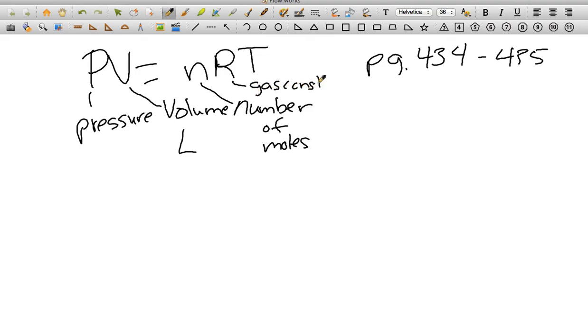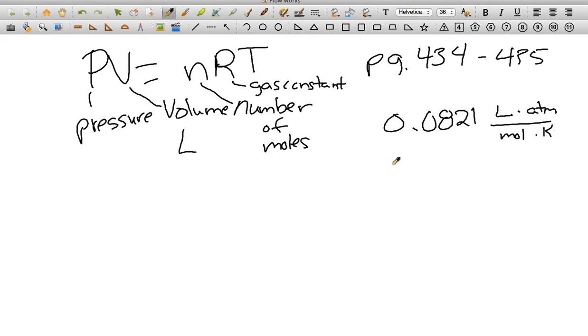And this is why you're going to need that chart on page 435. There are different values for the gas constant. There's 0.0821 if you are talking about liters times atmosphere over moles times Kelvin, which is going to be the temperature.